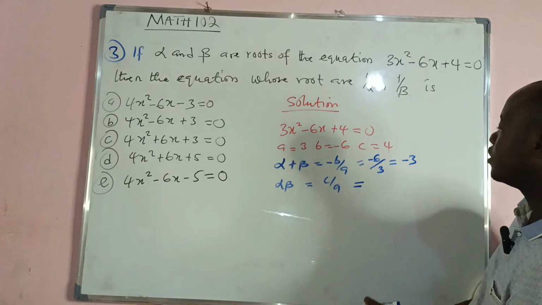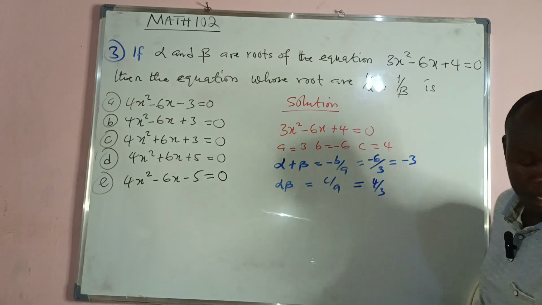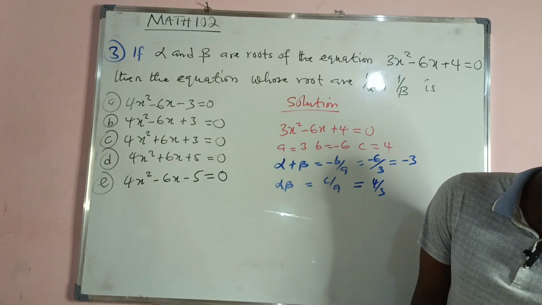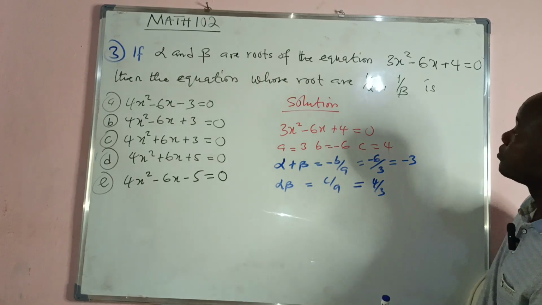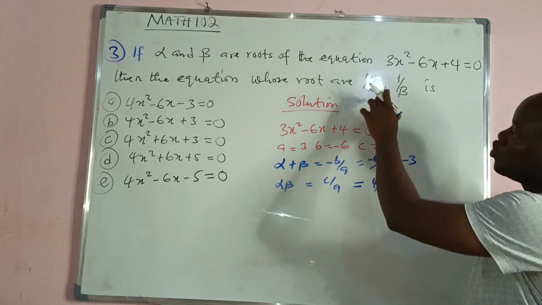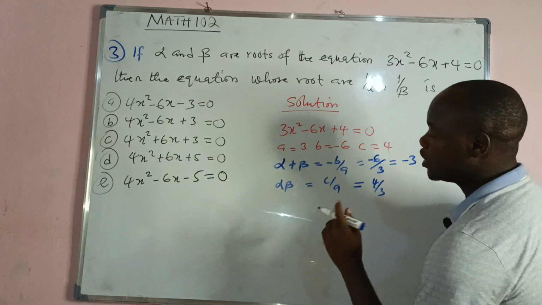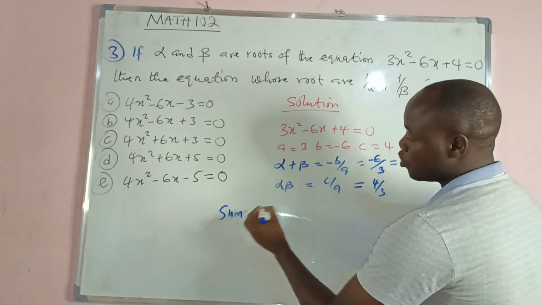The c here is 4, so we have 4 divided by 3. So we now have this. What is the next thing? We are now going to get the summation of this first and then the multiplication. So let's start with the summation.